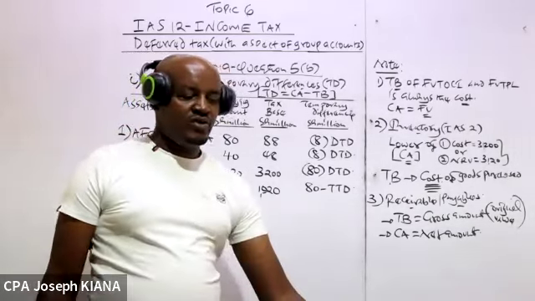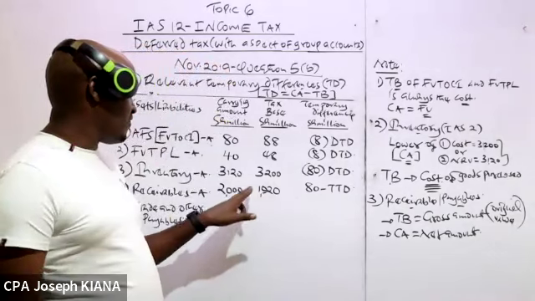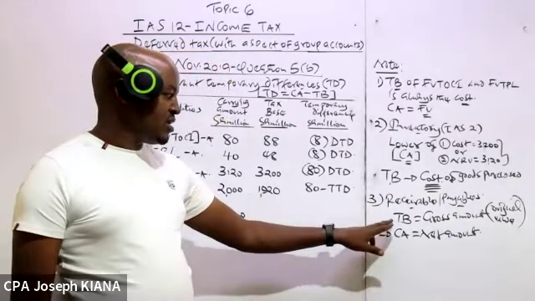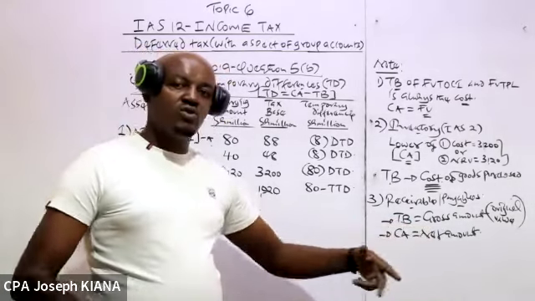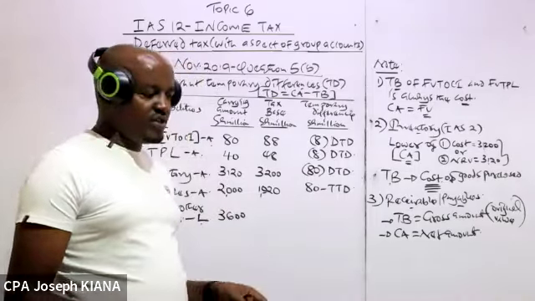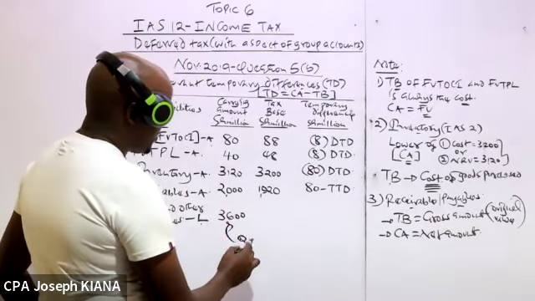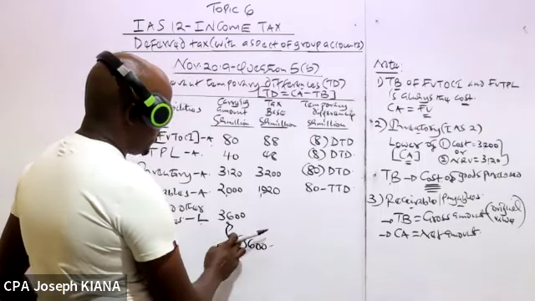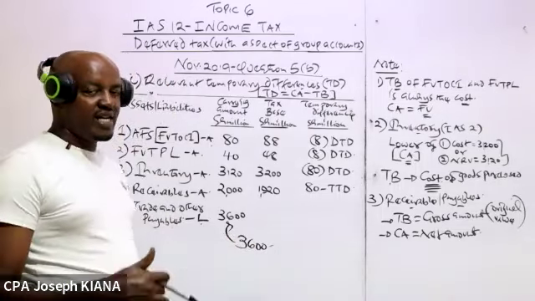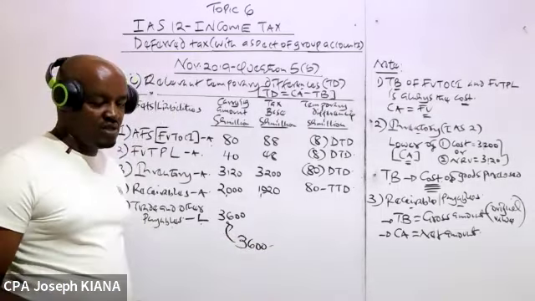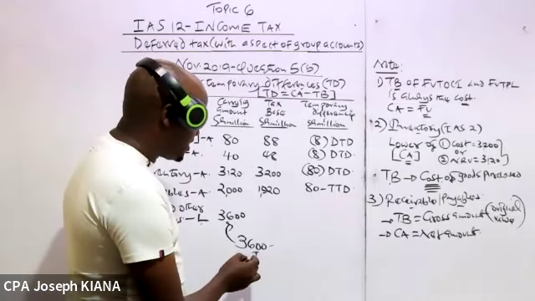So remember, how do we determine the tax base of both the receivables and payables? The tax base is always equal to the gross amount, the original figure. So in arriving at this figure here, we are told the company had made a provision for discount to be allowed, which is always deducted in arriving at this.